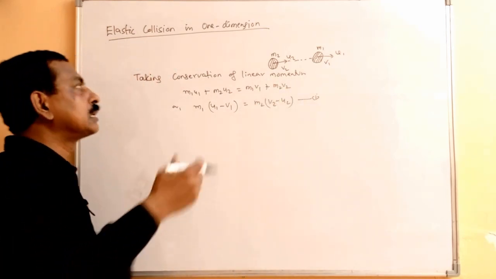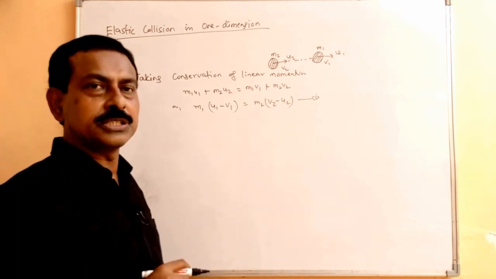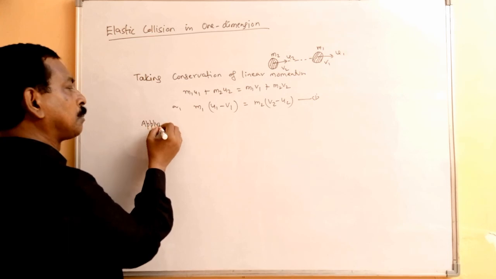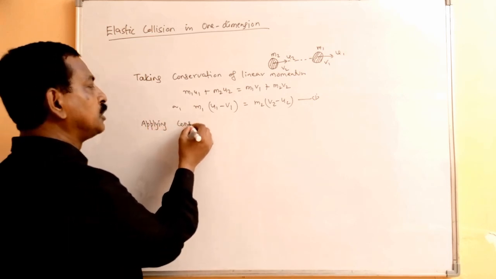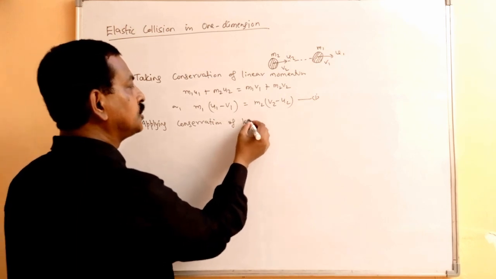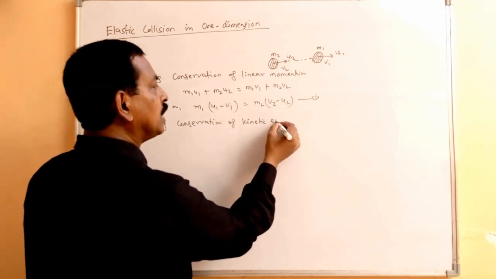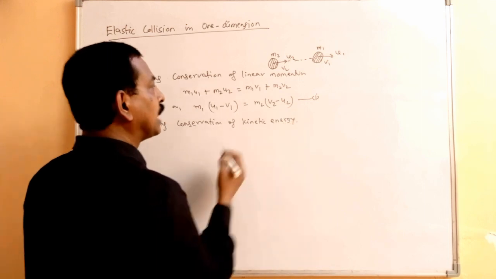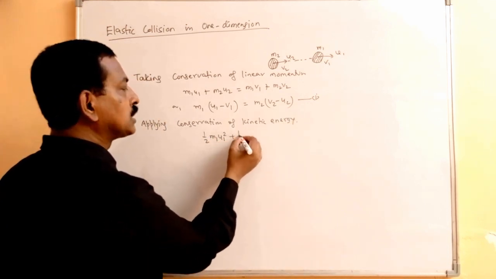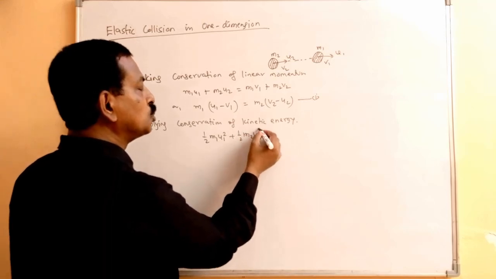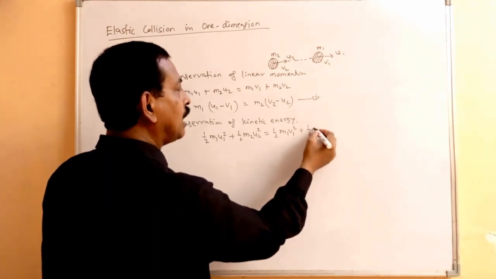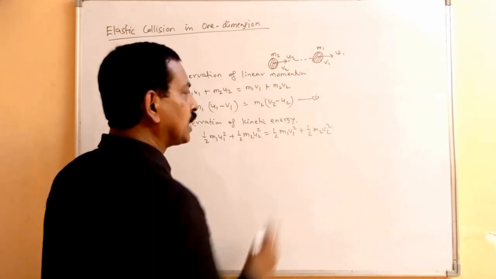Now we apply conservation of kinetic energy. So half m1 u1 square plus half m2 u2 square equals half m1 v1 square plus half m2 v2 square.